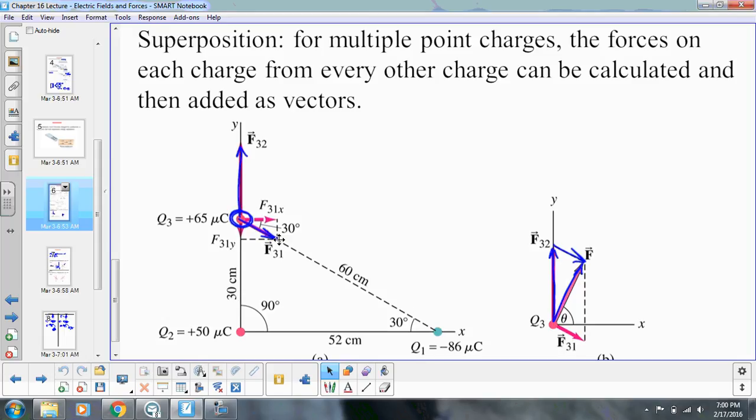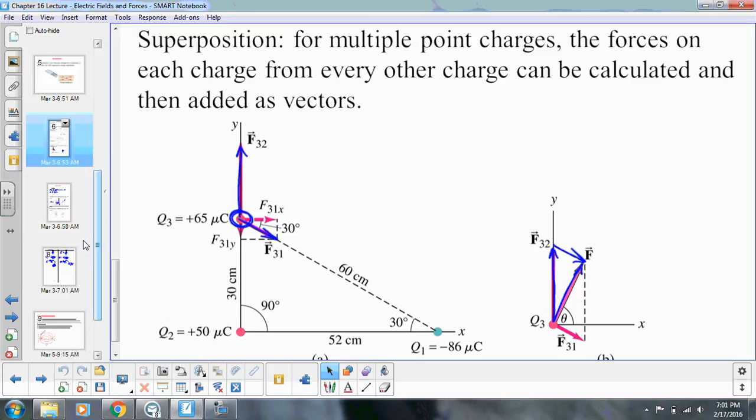This is the force on 3 from 1. And notice that this one has components in both the x and y directions. So to find the net force, I would add these using my vector addition knowledge. So I have my force on 3 from 2, my force on 3 from 1, and then this will be my net force right here. So I could find those components by breaking it up and adding it as we would any other force vectors.